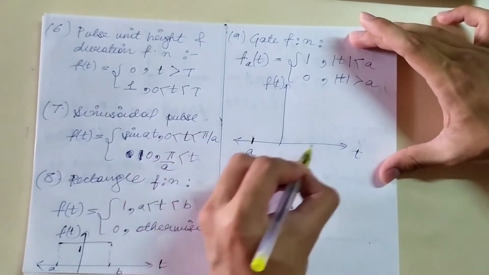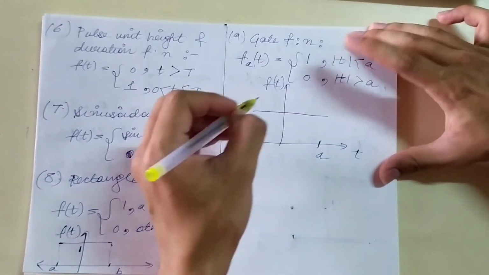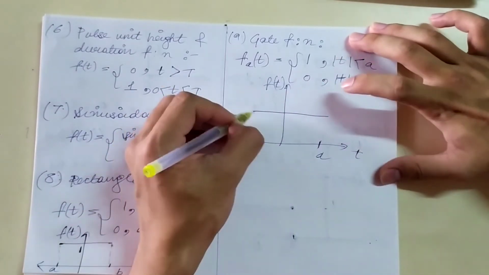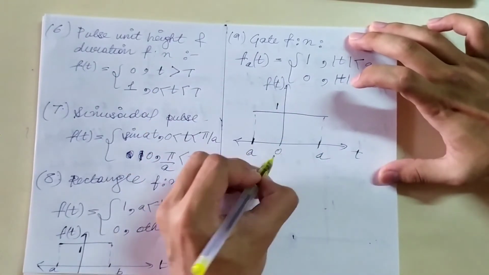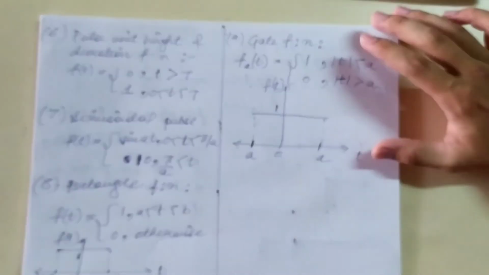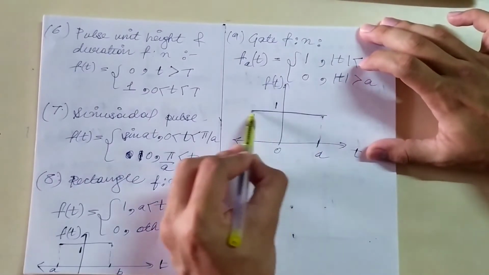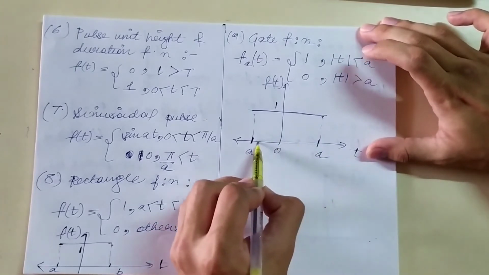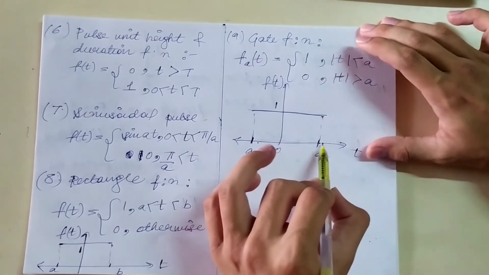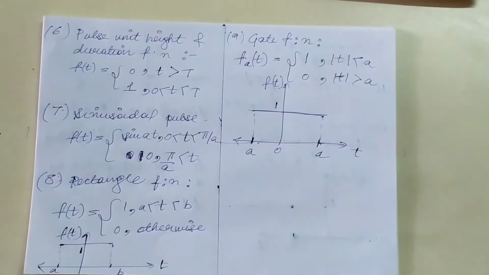This is the graph of the function from minus a to a. This is 1, this is 0. So for mod t less than a, you can see in this region mod t is less than a, and for mod t greater than a, in this region the function is 0.